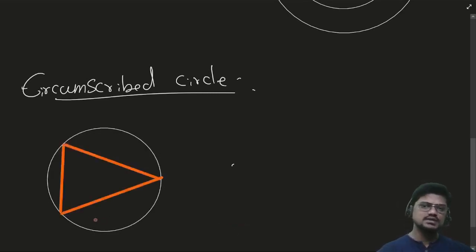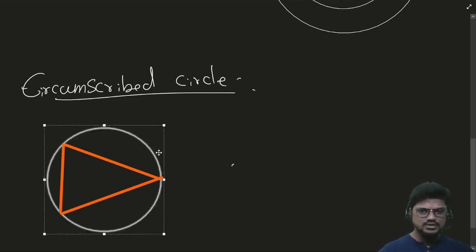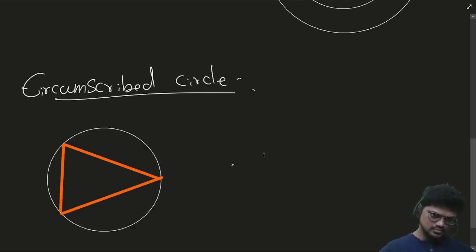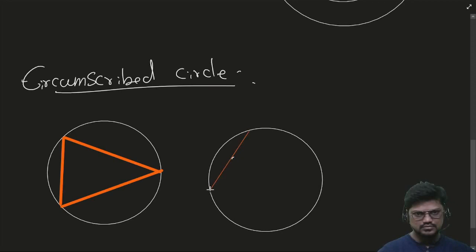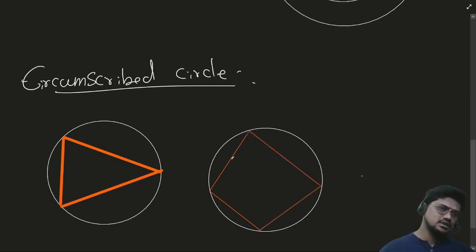This circle is circumscribing this triangle, right? Also, if you have a circle like this, and a quadrilateral inside, this is also a circumscribed circle, where it is circumscribing a quadrilateral.